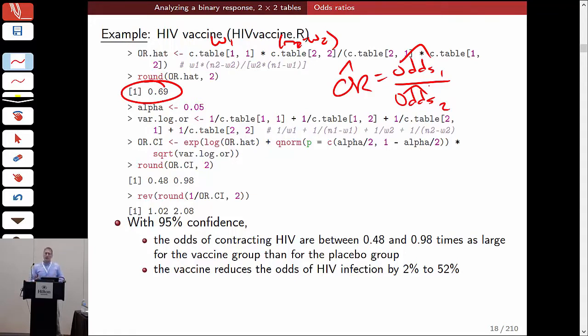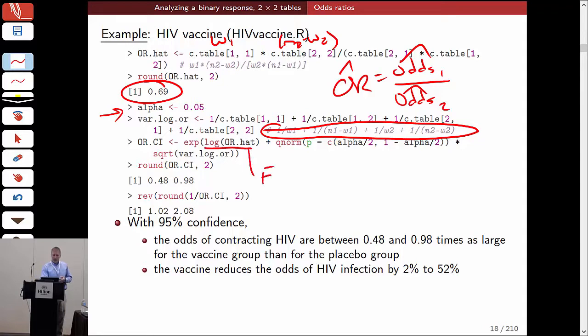Now to do formal inference, how about we do a 95% confidence interval? So I create an object alpha, set it to 0.05. I find my estimated variance of the log odds ratio by just, again, transforming the formula that we saw before into the correct syntax. Then to find the confidence interval itself, I take my estimator, the log OR hat, plus the value from the standard normal.